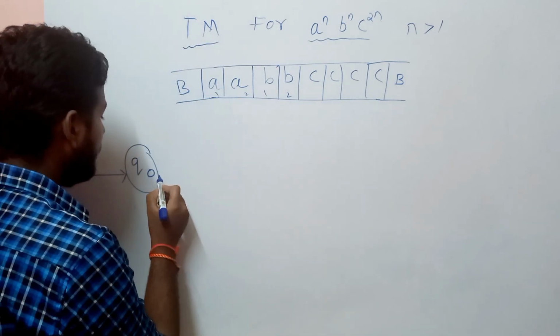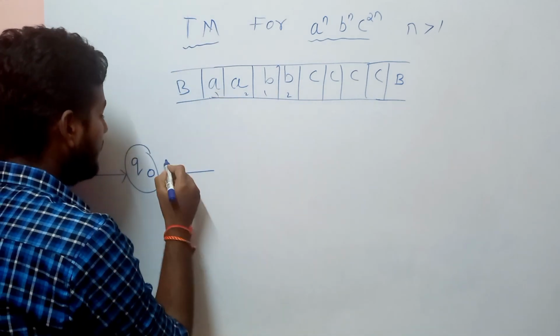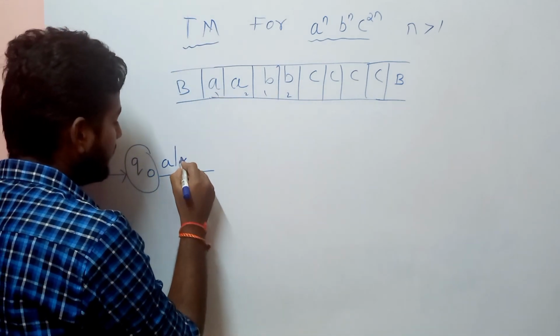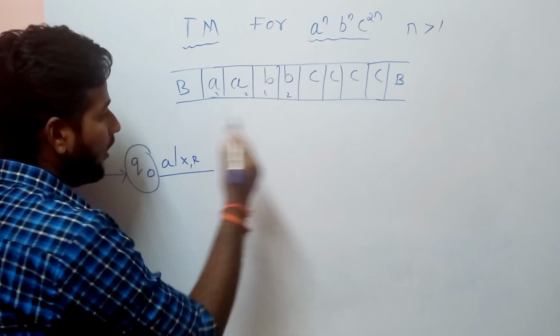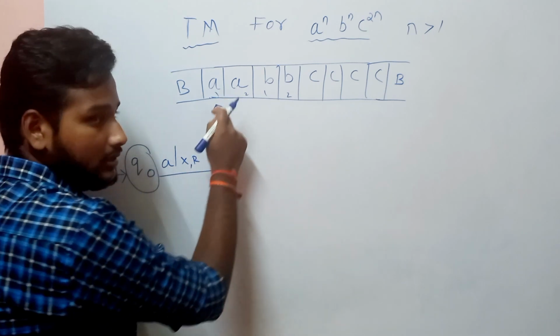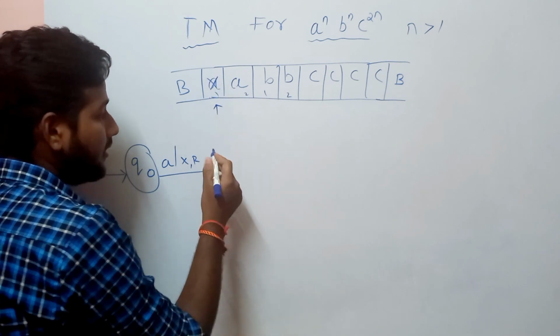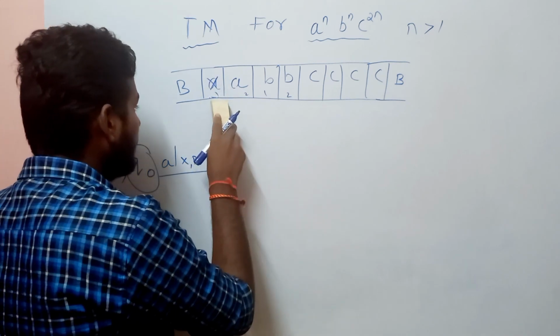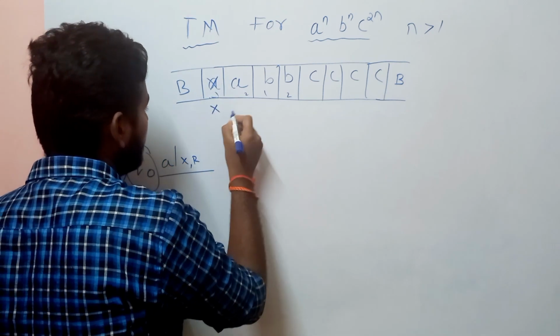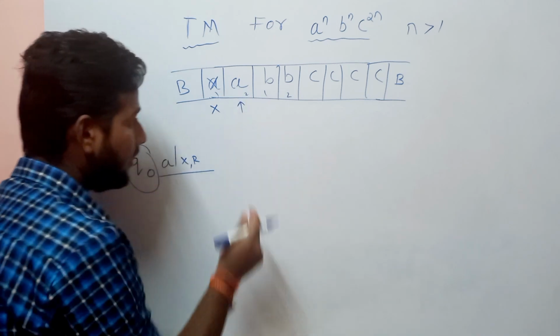When we read A, we make A as X and move in the right direction, and the pointer is here.